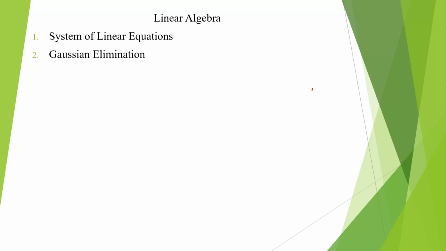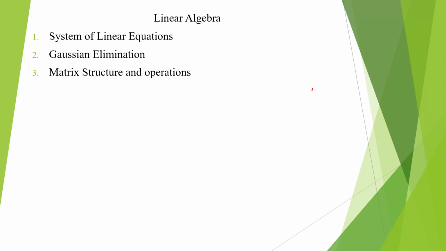The next point, I will talk about Gaussian elimination. What does Gaussian elimination mean? Gaussian elimination is the method we can use to solve a system of linear equations by row reduction. In the next point, I will explain and show you Gaussian elimination.